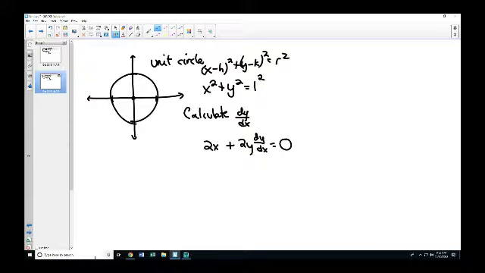It's an algebra problem at this point. And then what's our last step? How do I isolate dy/dx?